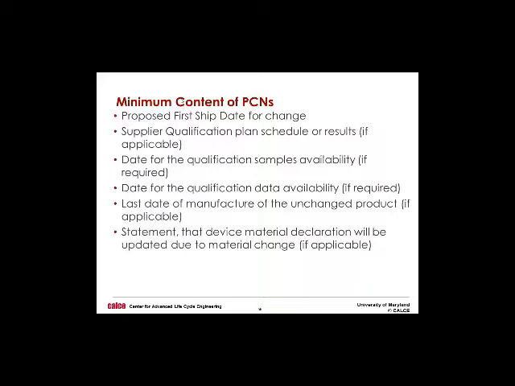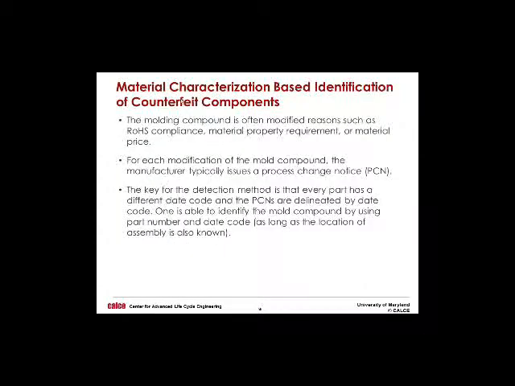But PCNs can be a good tool for the purpose of counterfeit detection because it tells you about what changes are made. So just for example, if I know the mold compound of a component is supposed to be made by company A and part number ABC, whereas when I check the mold compound, I find that to be not the case. So one of the first things would be, I can say this is a high risk.